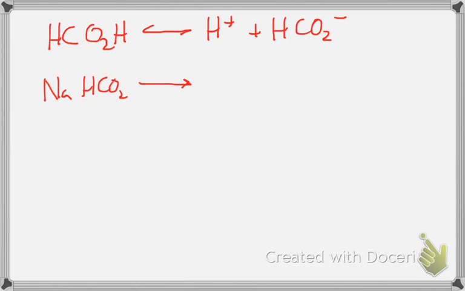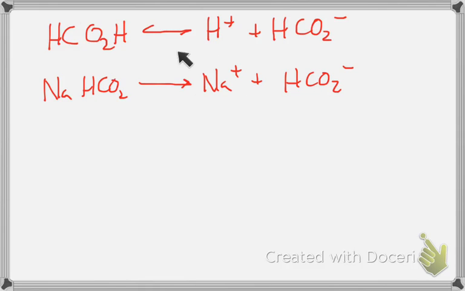It's just going to 100% dissociate to produce Na+ and HCO2-. What do you know? We've got a common ion here. The formic acid produces this formate ion. The sodium formate also produces a formate ion.